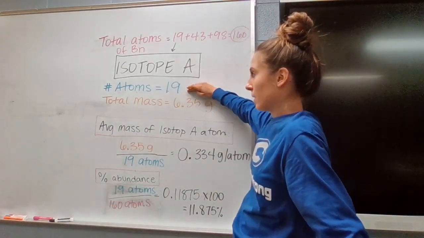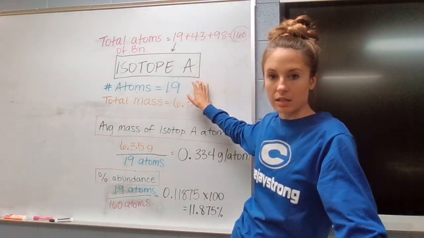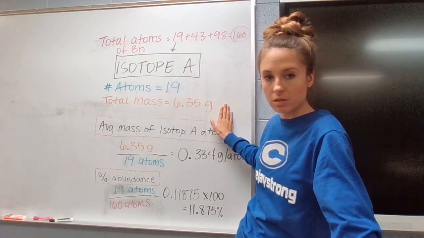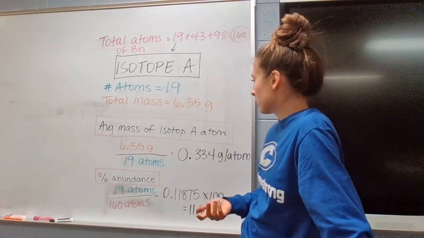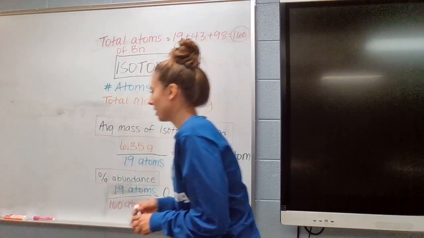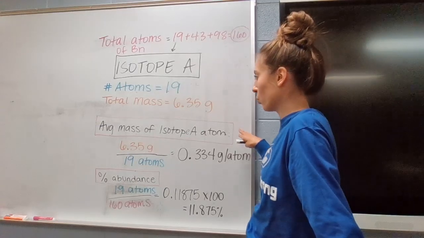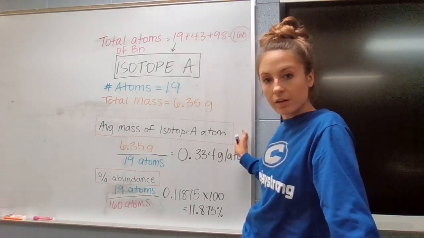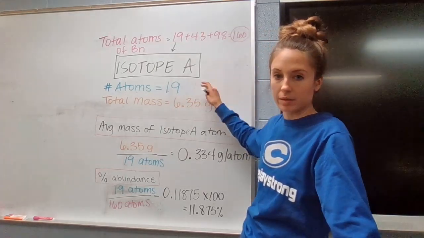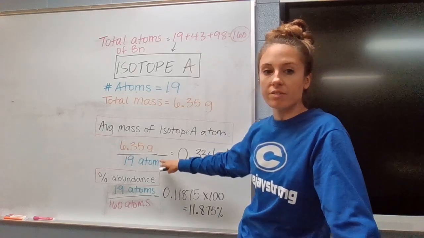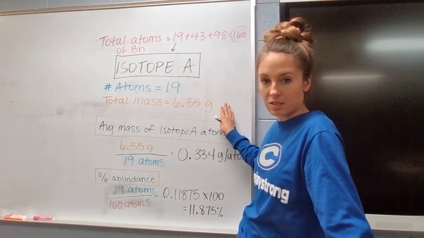So for isotope A, we counted the number of atoms to be 19, and we also found the total mass of those 19 atoms to be 6.35 grams. The next step is to calculate the average mass of one isotope A atom. So to find the average mass of one singular isotope A atom, we are going to take the total mass of our 19 atoms, which was 6.35 grams, divided by the number of atoms that were measured to get this mass.